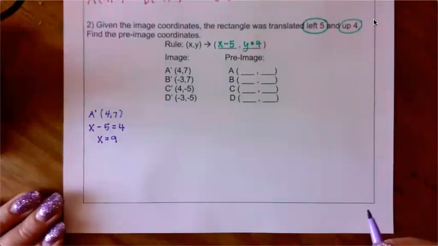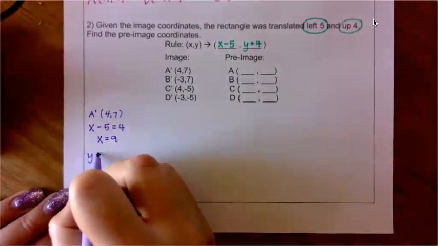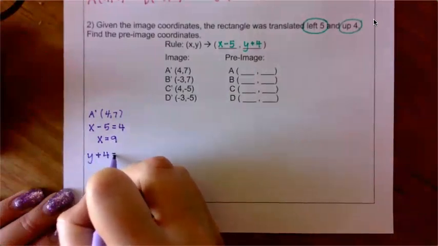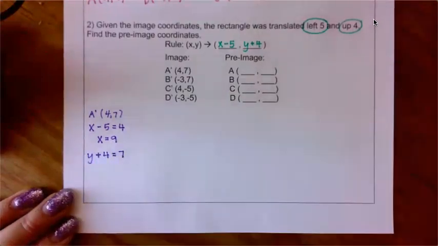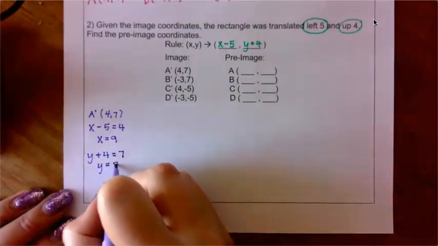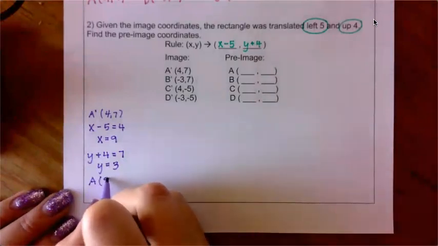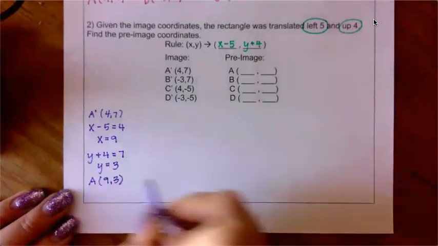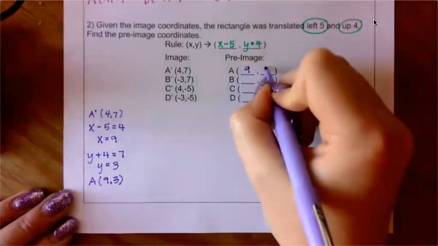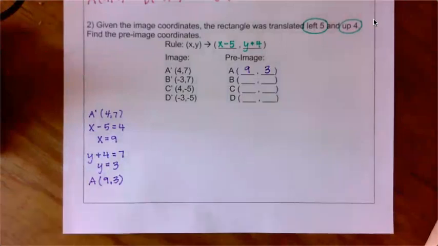Now we need to figure out y. When I took my y value and added 4, it equaled 7. Subtract 4 from both sides, y equals 3. So the point A is at 9, 3. So not anything harder than what we've been doing, except for now you have to do it for the x coordinate and the y coordinate.